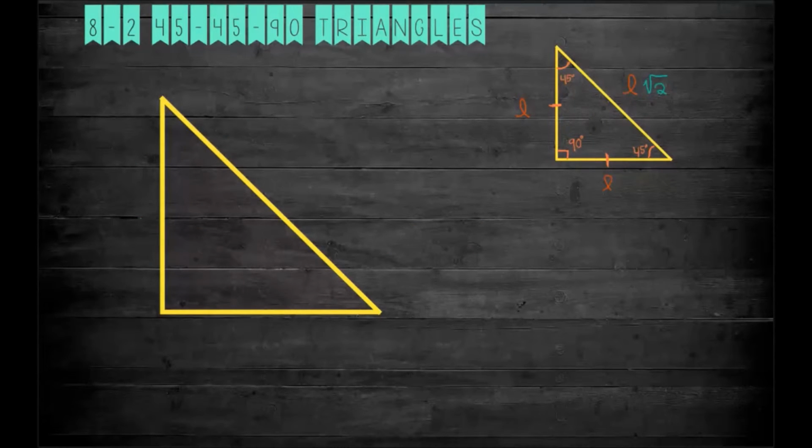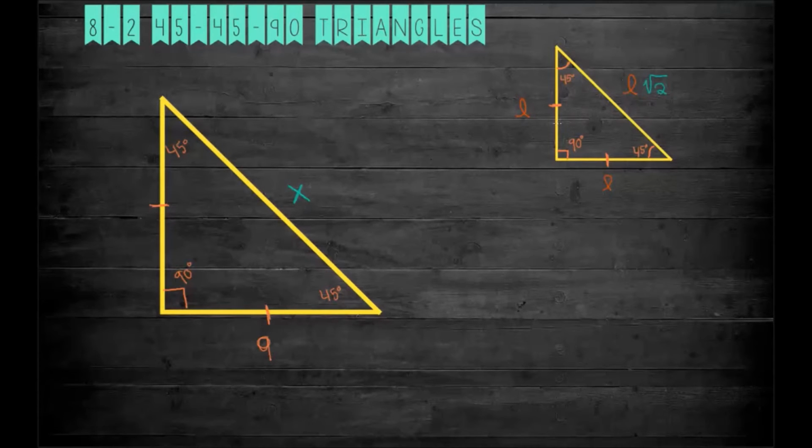Here we have a 90 degree isosceles triangle, which really means that this is a 45, 45, 90 degree triangle. So in this problem, let's assume that this side length here is 9, and we want to figure out the hypotenuse length, which is x.